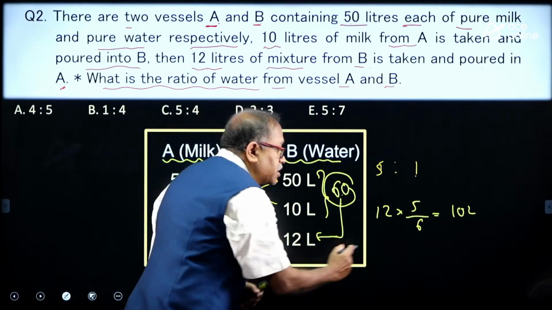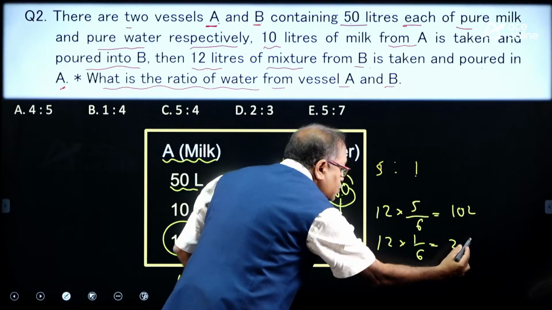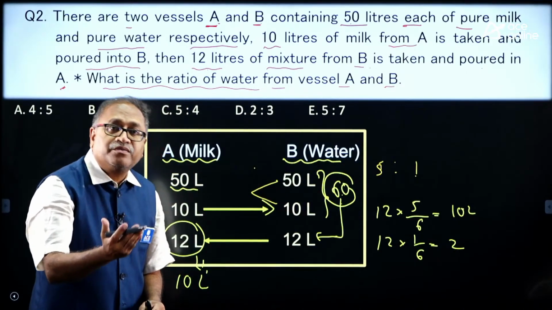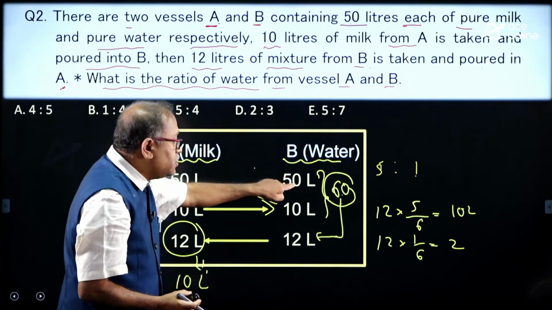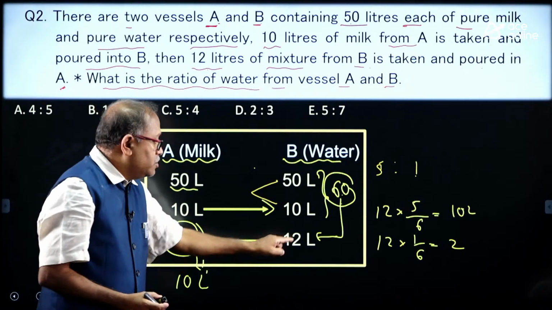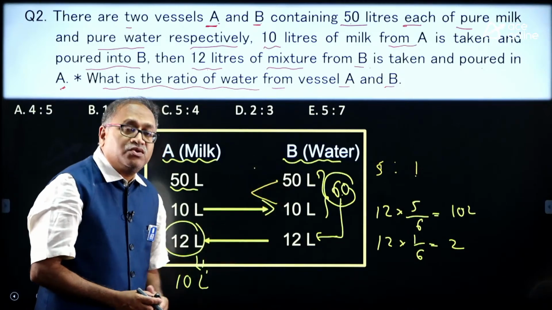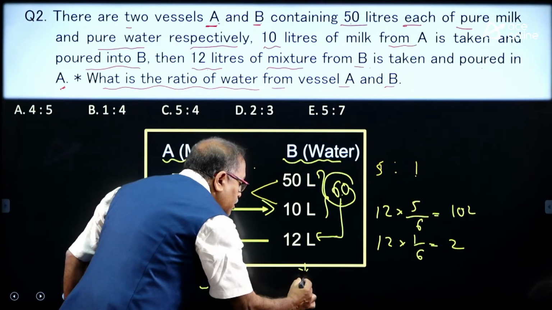That is nothing but 12 into 1 by 6, that is 2 liters of water has gone. Initially 50 liters of water was there. When 2 liters goes out, it is left with 48.